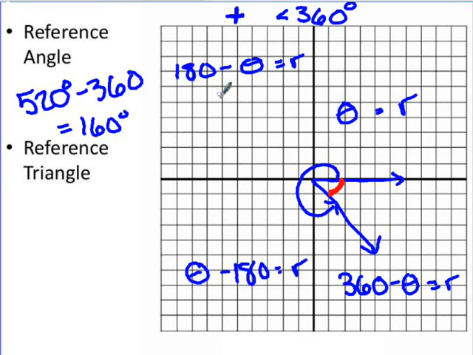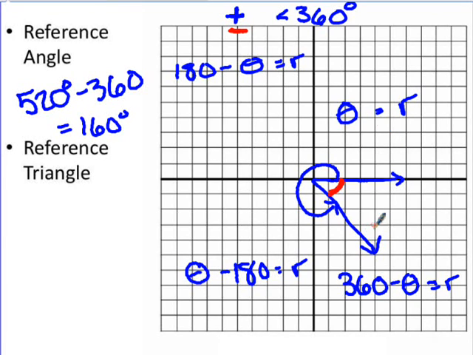So if it's greater than 360, all you need to do is subtract 360 until you get an angle that is less than 360, and then use the same rules. If you have a negative angle, then what you have to do is flip the rules, because we're changing the direction, so the quadrants are going to flip.